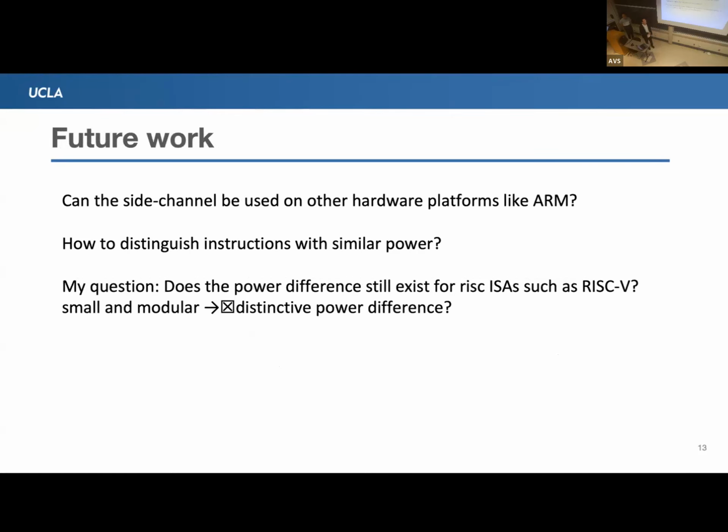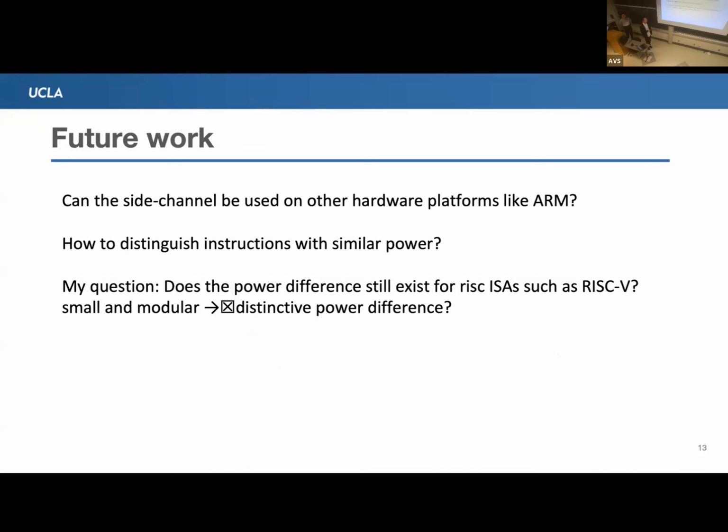Finally, it also leads to potential future work directions. The first is to transfer the attack to some other platforms. The second is to know how to distinguish the instructions with similar power.